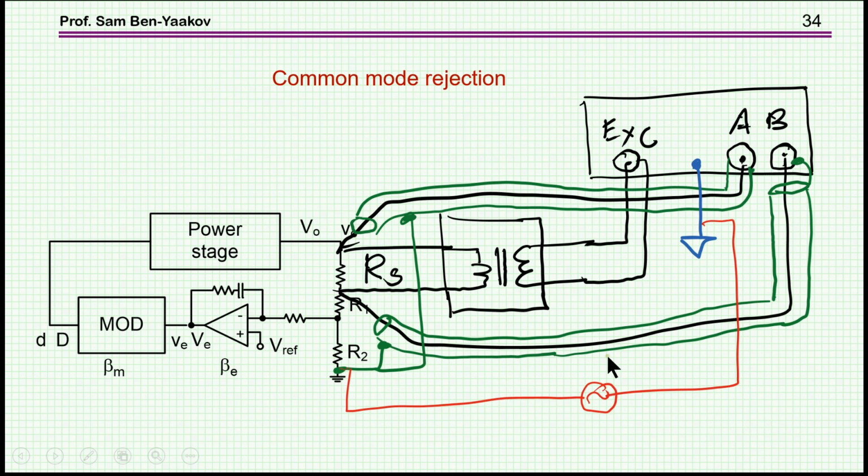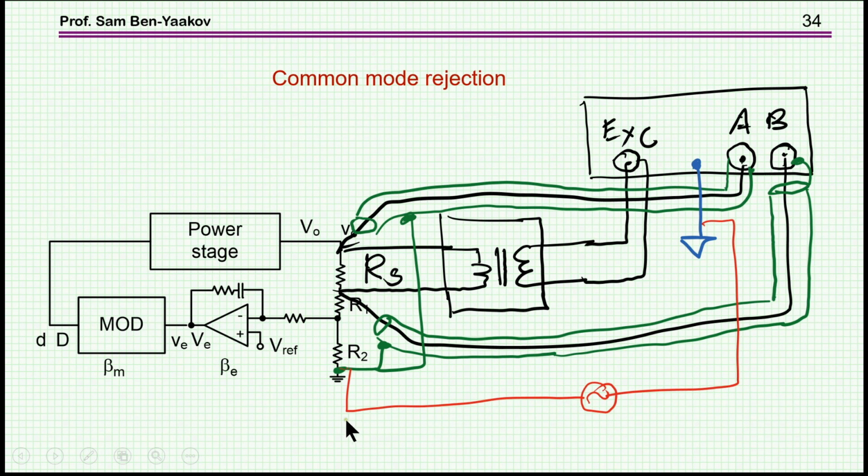When we do the measurement, we have an injection here, and then we have two signals which are measured, A and B. They are measured referred to ground. That is, we are not measuring the difference between them. We're measuring this, referred to ground, this, referred to ground, and then we take the ratio between them, okay?